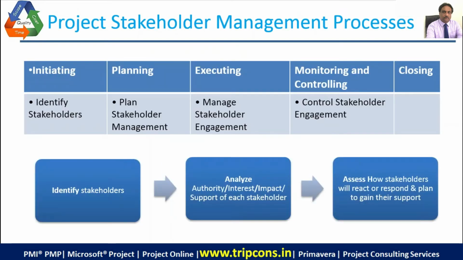This is how it goes. The processes start from the left: the initiating group has identify stakeholders, then planning has plan stakeholder management, execution has manage stakeholder engagement, and monitoring and controlling has control stakeholder engagement. First we identify the stakeholders, then we analyze.